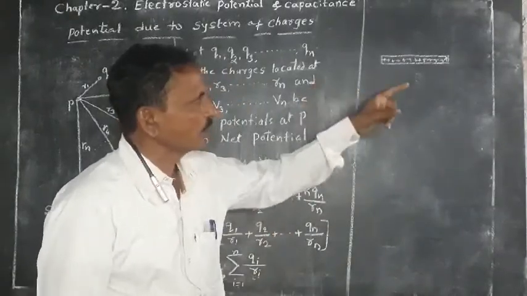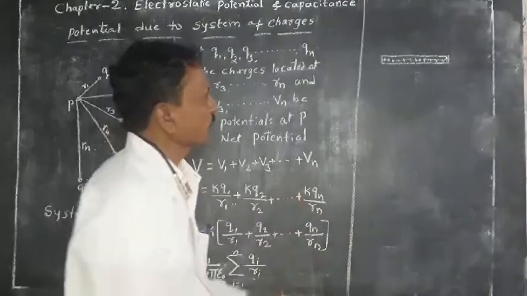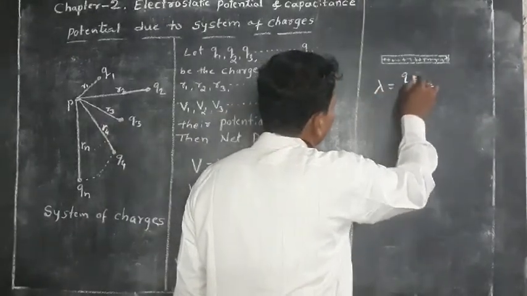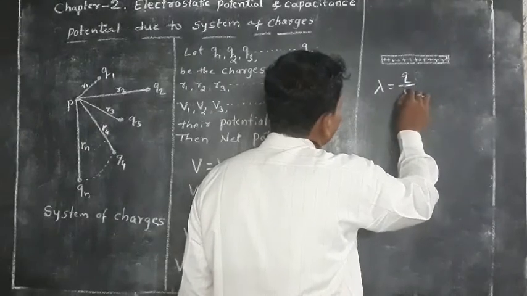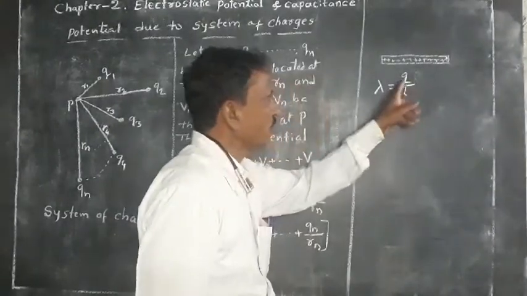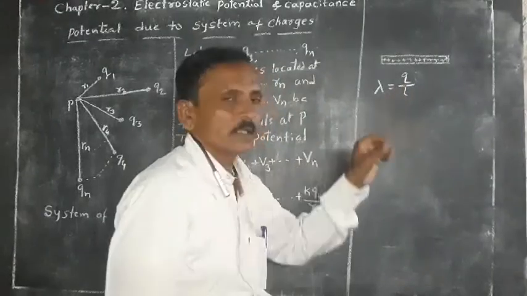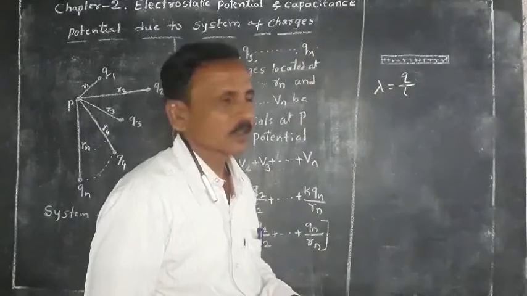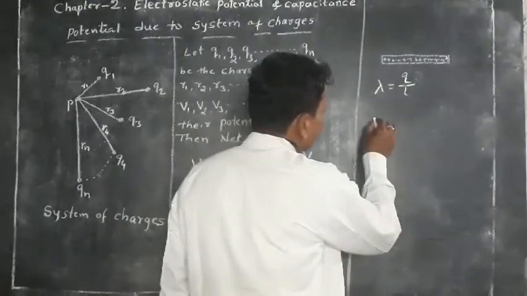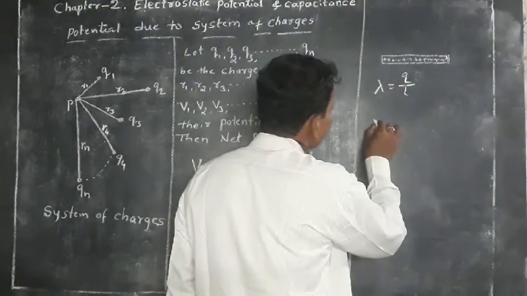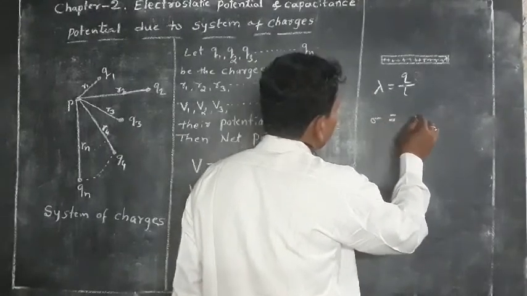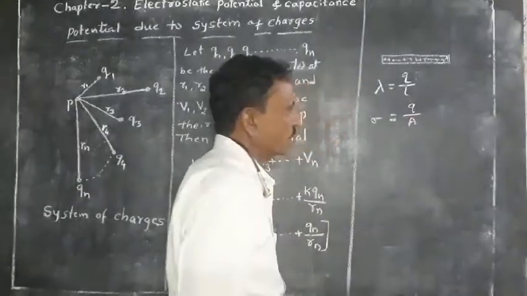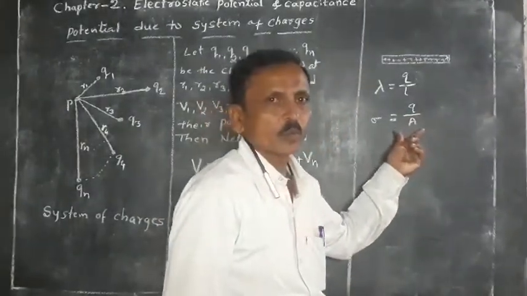For a linear conductor, linear charge density is given by lambda equal to Q upon L. That is, charge per unit length is called linear charge density, which we have studied in the previous chapter. And surface charge density is lambda equal to Q upon A. For a spherical surface, surface area equals 4 pi r square.